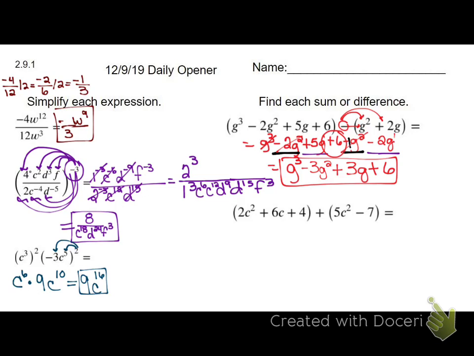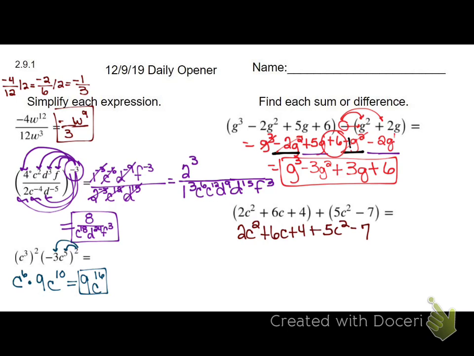When I'm adding polynomials, what do I want to do? Well, I want to rewrite it without the parentheses, yeah. Now I realize it's been a whole weekend since we've had to look at these. So if you're unsure of the steps you need to do, I would recommend that you reference your notes, okay? Once I drop my parentheses, my next step in order to add polynomials is to do what?